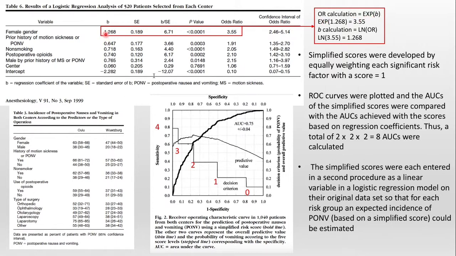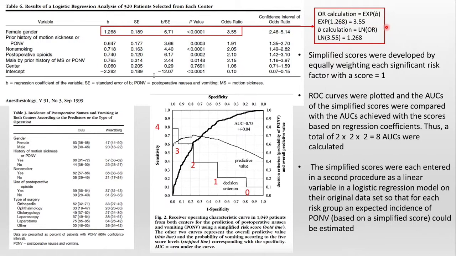So in this case, they took the exponent of 1.268 equals 3.55. So if you actually go into Excel and you type equal exp, and then you put this number in the box, you'll be able to come up with that.